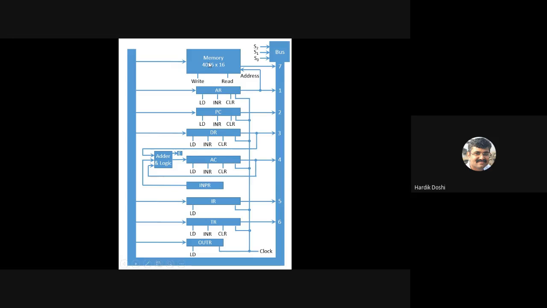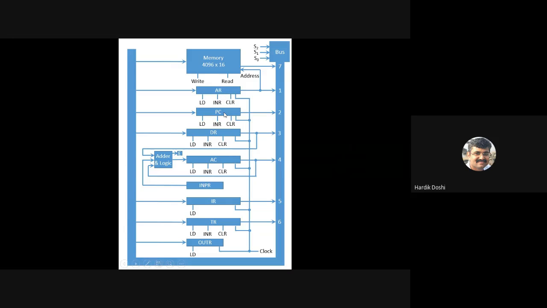So the first thing for us is to bring the word stored in memory to one of these registers. It will not be allowed in AC because it is to be ANDed with AC. AR and PC are registers which store addresses, so data from memory cannot be stored in AR or PC.